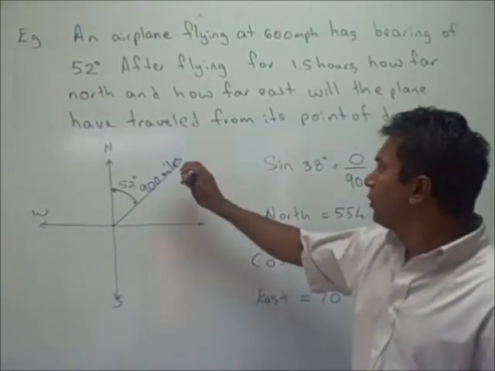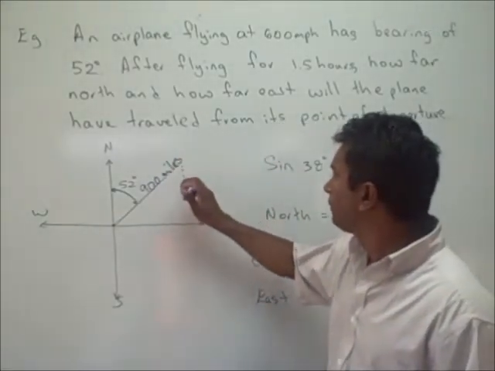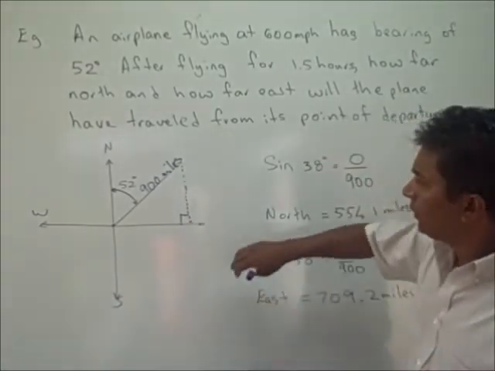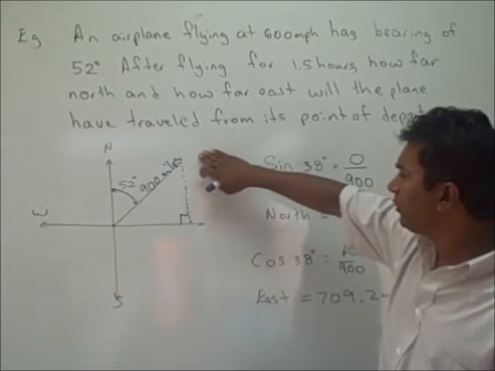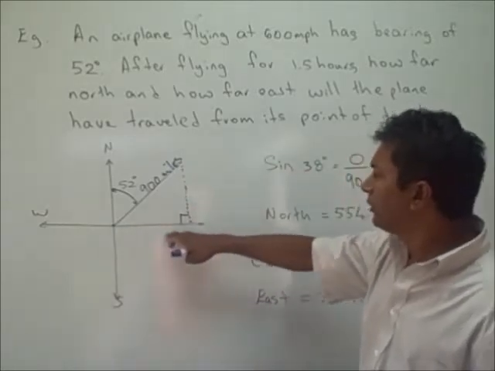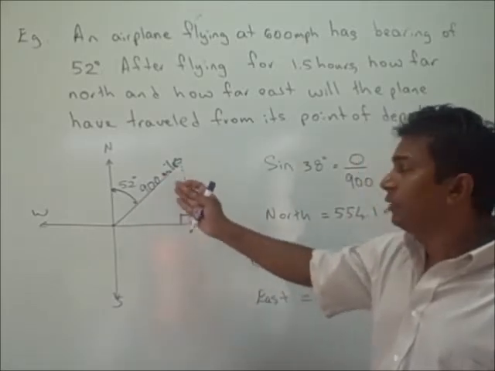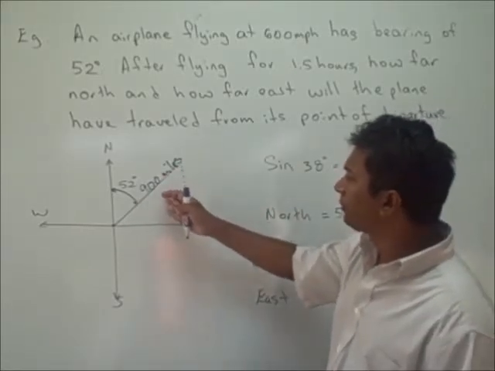Now if we construct a right triangle here, this distance here will give our northern distance, and this distance here will be our eastern distance. We already have our hypotenuse, which is 900 miles.